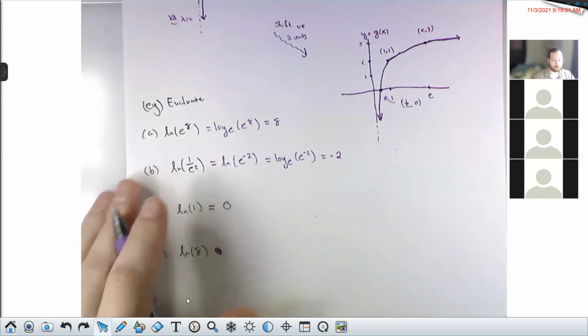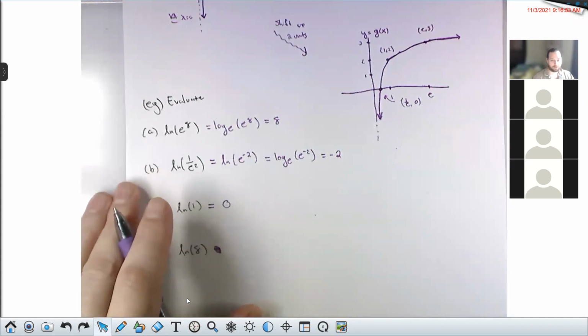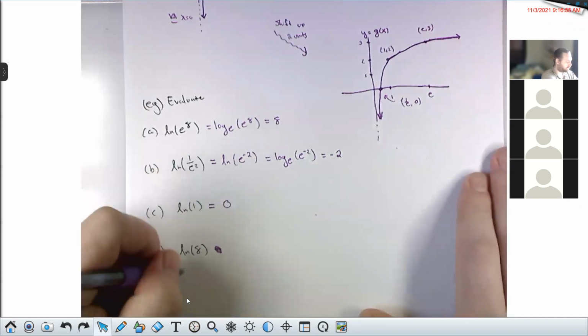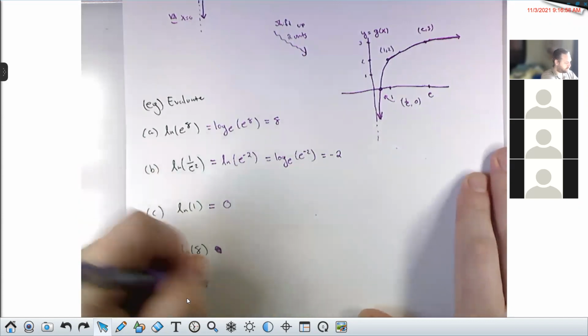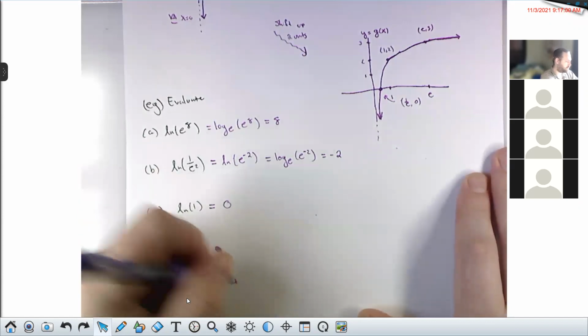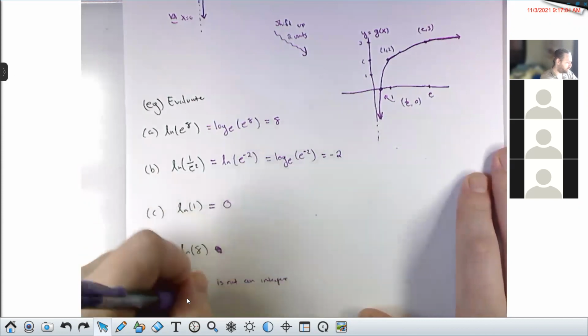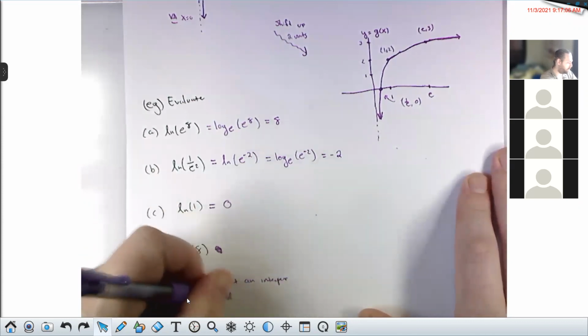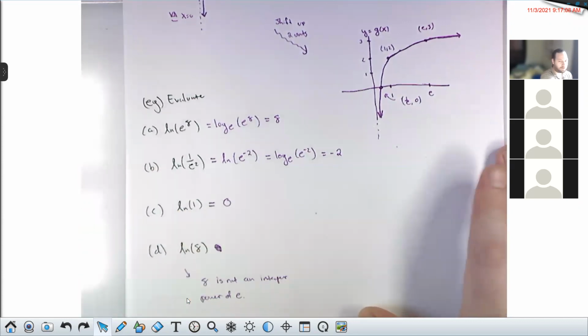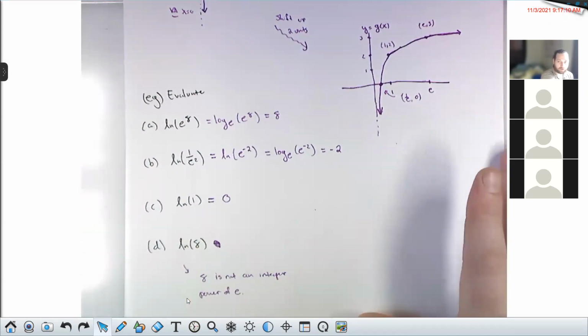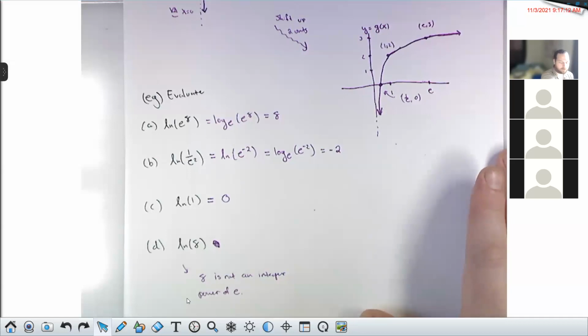8 is not a nice power of e. So this is not one that you can figure out by hand, not exactly.